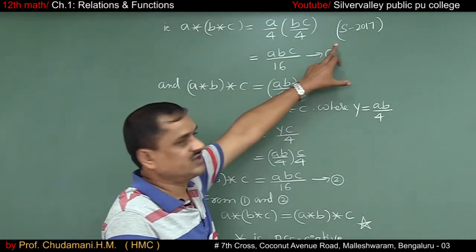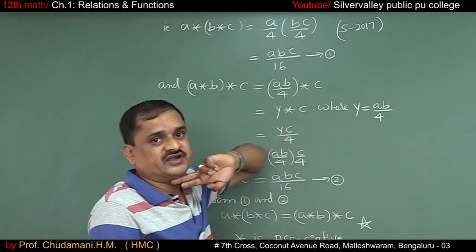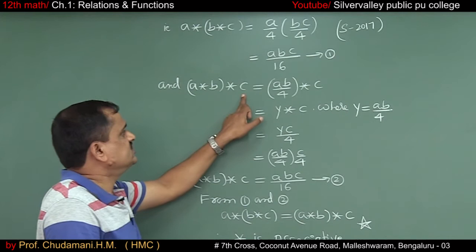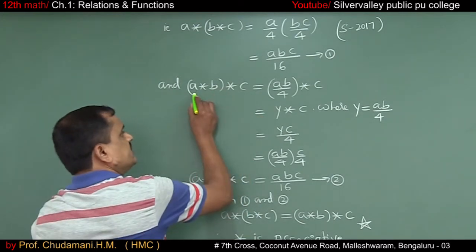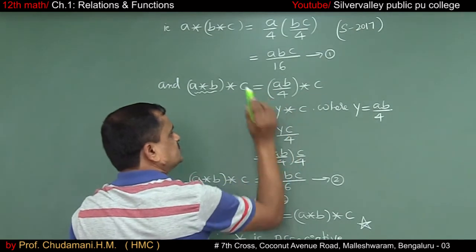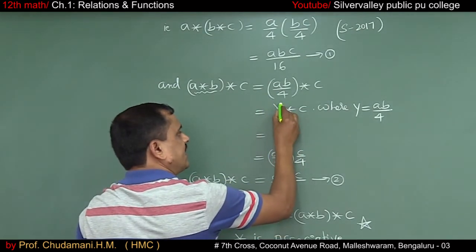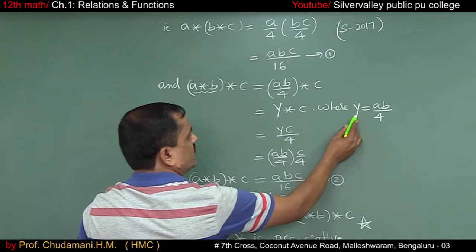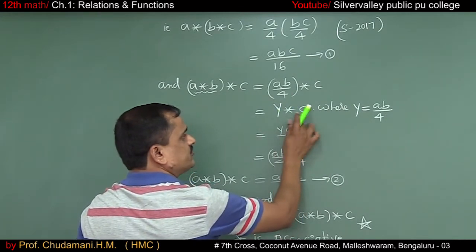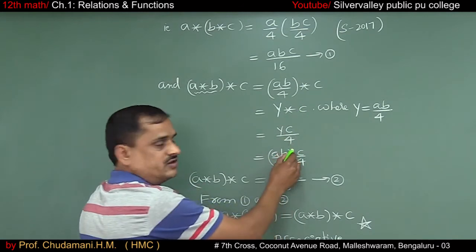Only associative law they asked in 17, okay. And (A star B) star C is equal to, A star B is what? AB divided by 4, star C. Let me denote it as Y. Y equals AB by 4. So this is of the form Y into C divided by 4.